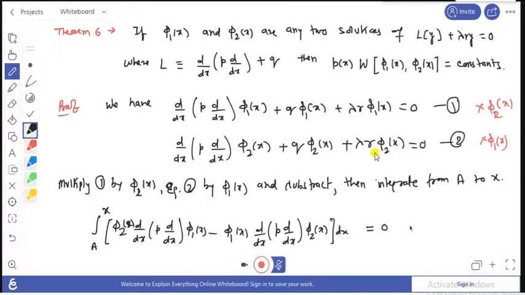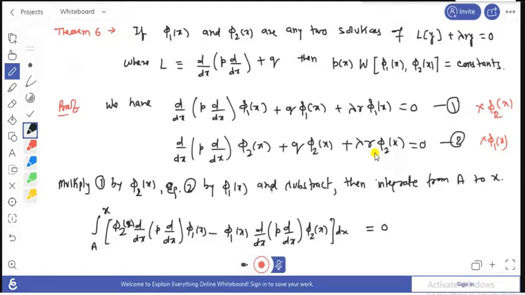This equals 0, because if you multiply phi2 by lambda r phi1, it gives lambda r phi1 phi2, and these cancel out, and the q term is also cancelled out. So only this term is considered, and this term is given.